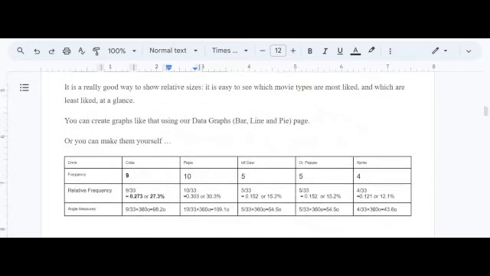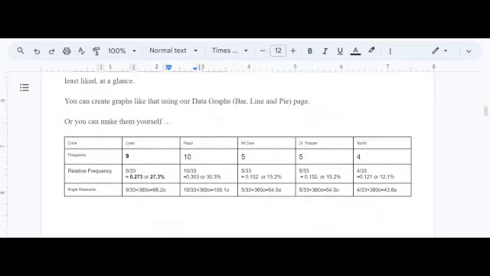Another example here. You remember the exercise that was given previously? Like for Coke, how many use Coke? 9 people. How many like Pepsi? 10. And Mountain Dew is 5.